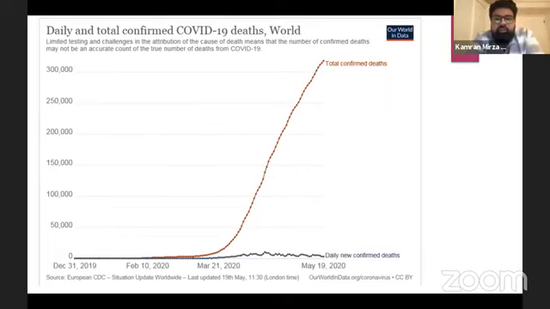Naturally, the total confirmed deaths right now, despite the fact that there are numerous challenges in the attribution to the cause of death, whether somebody is dying of COVID-19 or not, still the number of total confirmed deaths is obviously exponentially increasing.